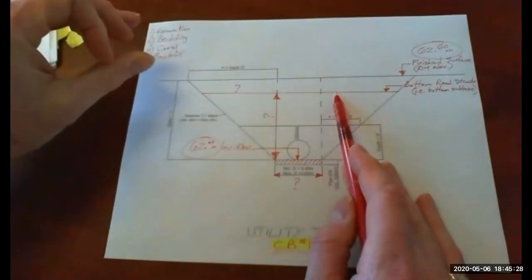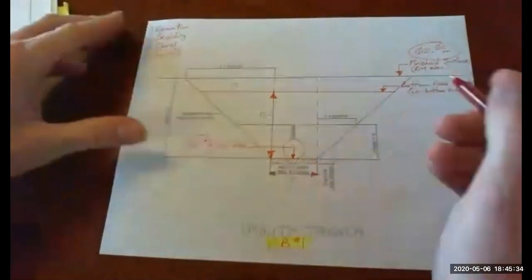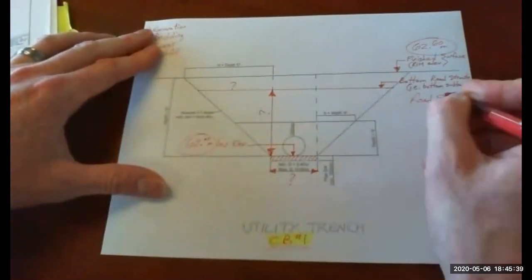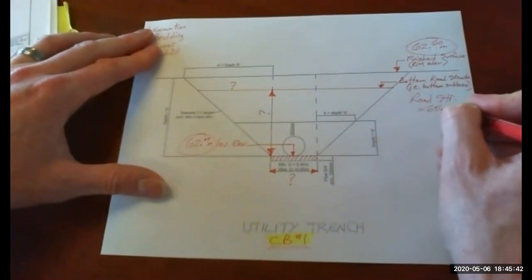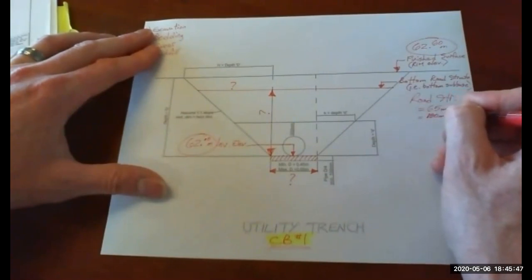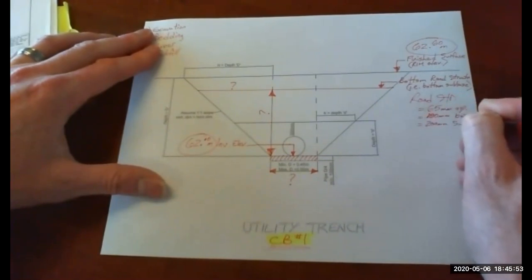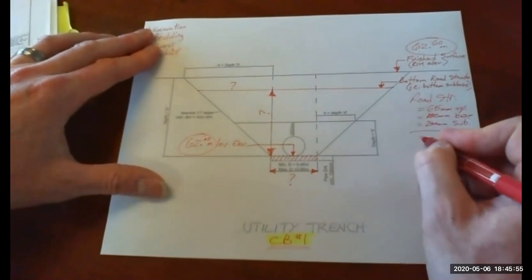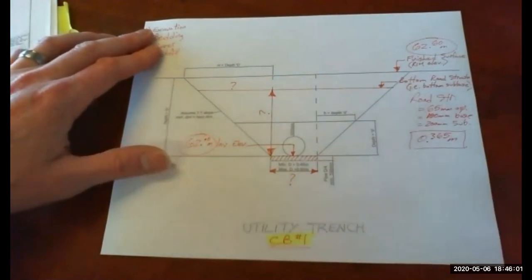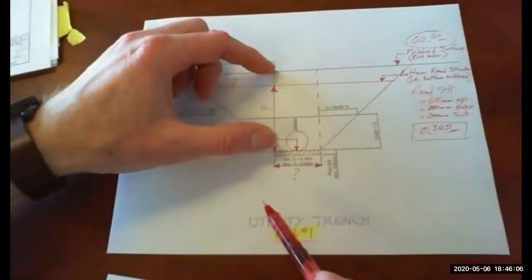You're told on the cross section of the parking lot that the road structure is 65 asphalt, 100 base, and 200 subbase. So add those up, that's 0.365 meters, is your road structure that you would deduct from this total height calculation.